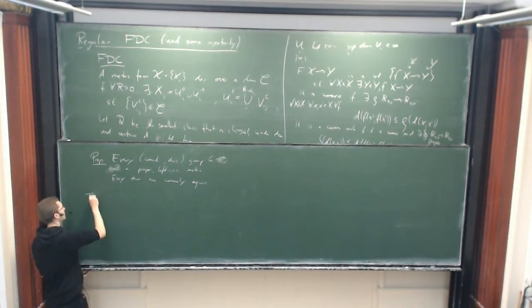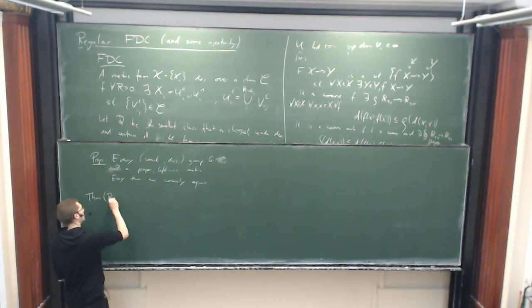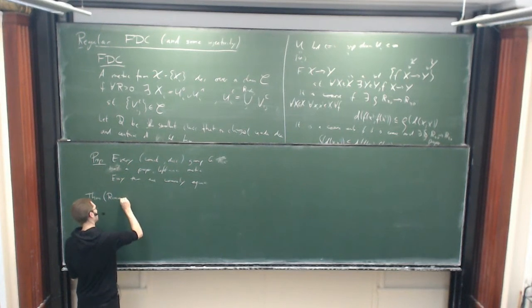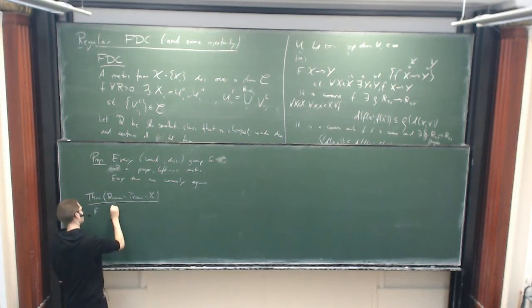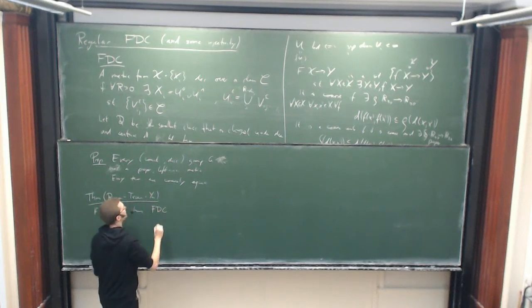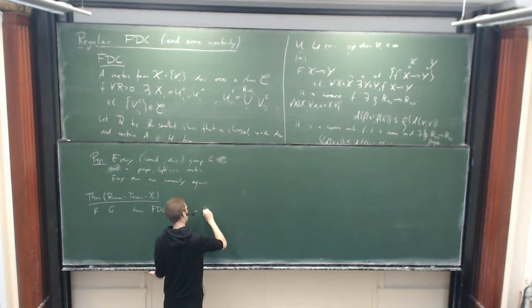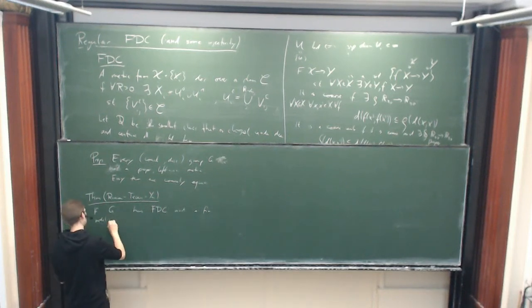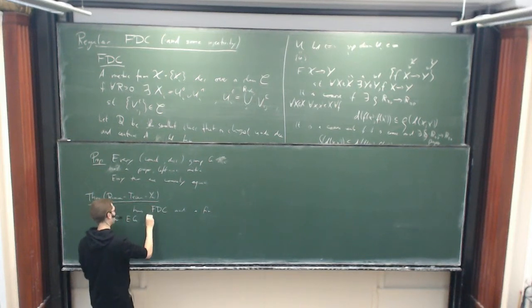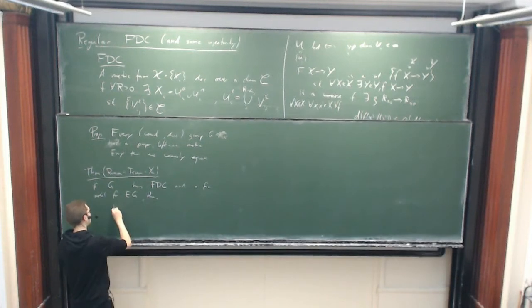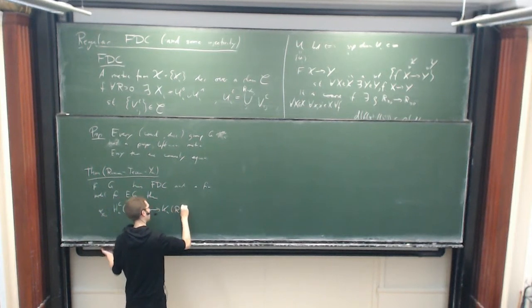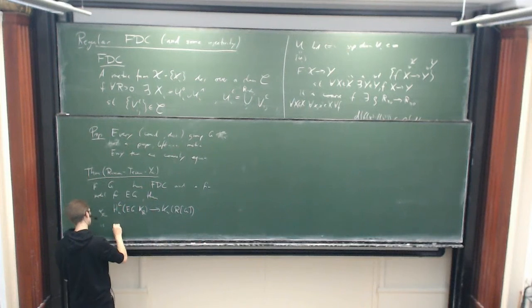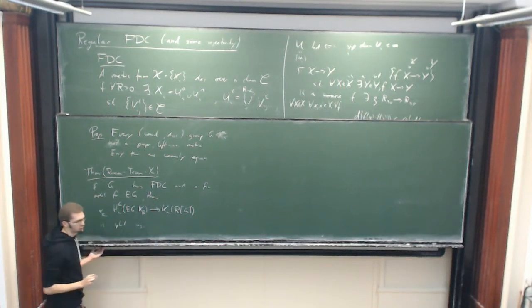And now the theorem that was already mentioned by Romain and Gouliang: if G has FDC and a finite model for EG, then the assembly map is split injective.